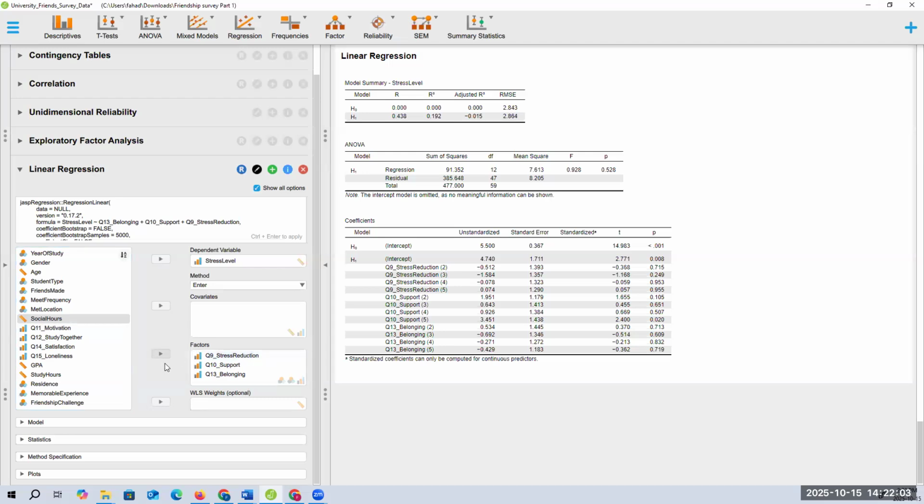But the only thing that seems to be significant over here is 0.20, which is the support one. But you have to have understanding of how to analyze regression. Over here, the model is not significant.